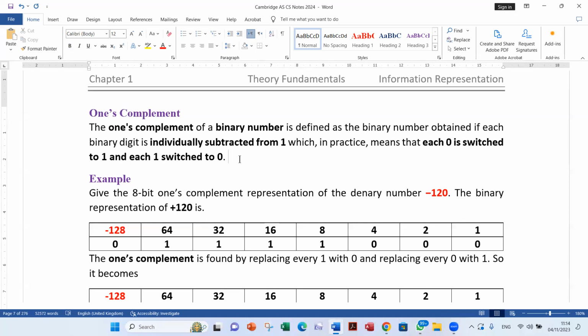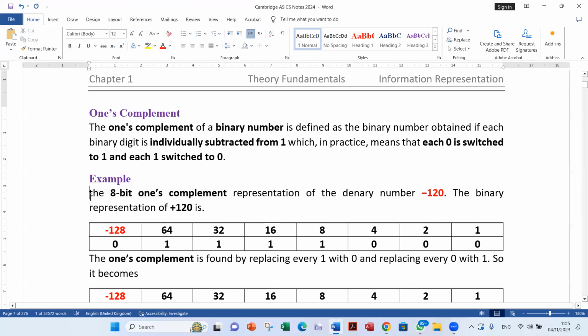Why do we ever need 1's complement? I just don't like it. I like to directly find the 2's complement using the fast method from the O level. But in the AS, you may be asked, for example, to give the 8-bit 1's complement representation.